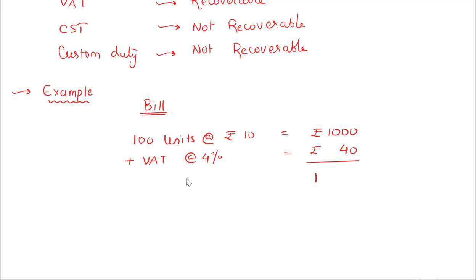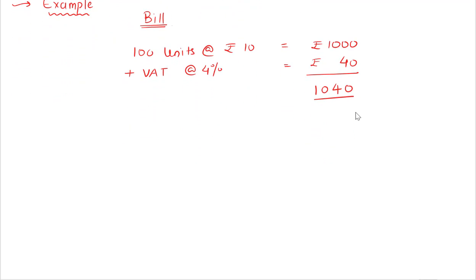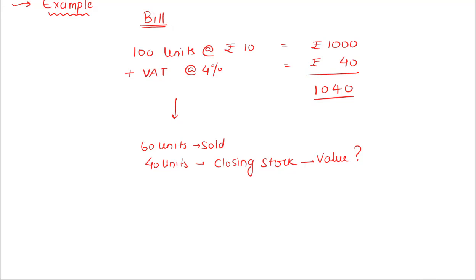The total is 1040. From this, 60 units are sold and 40 units are still there in closing stock. So how will we value this closing stock?